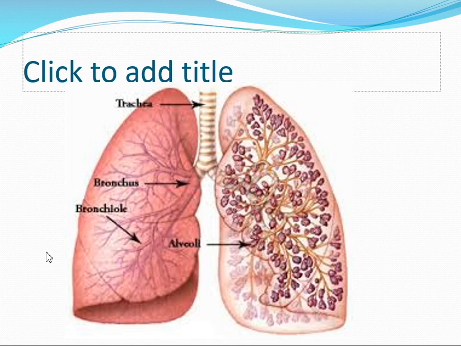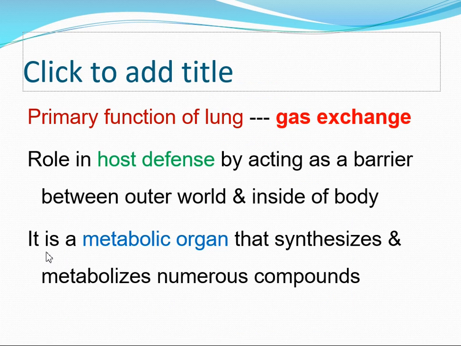So when we are talking about the lung, let's see what the functions of the lung are. The primary function of the lung is gas exchange, and it also participates in the defensive system, and it acts as a metabolic organ that synthesizes and metabolizes numerous compounds.